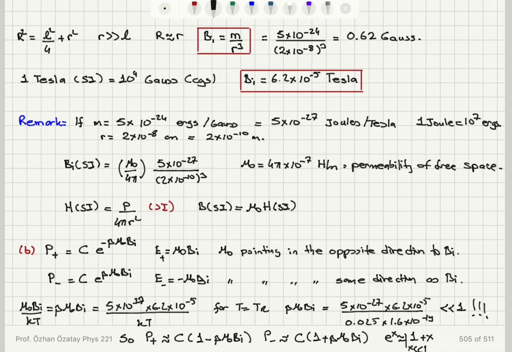So there is a factor of mu0 over 4 pi up front. Okay, so if you use this mu0 over 4 pi, 10 to minus 7 Henry per meter permeability of free space, we would get the same answer. So it's better to do the calculation in CGS and then convert to SI in this case.